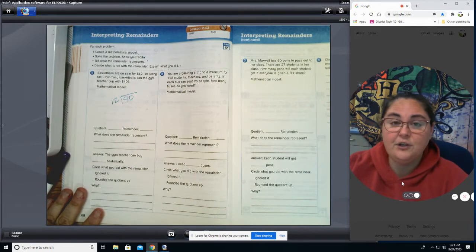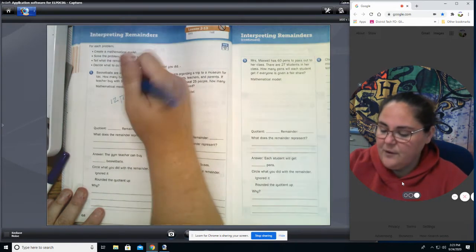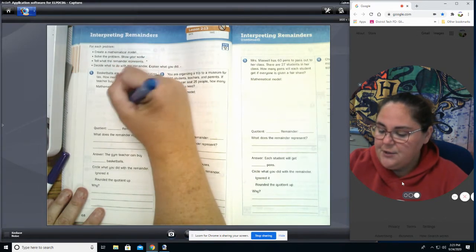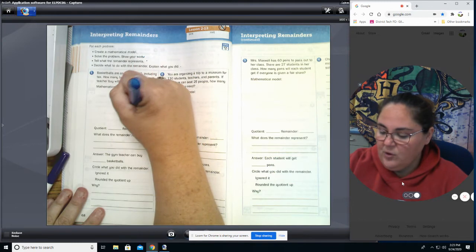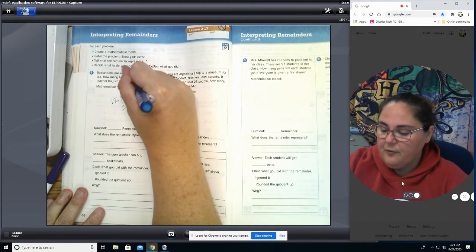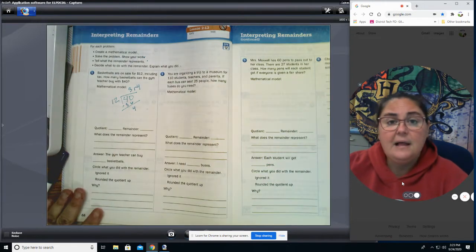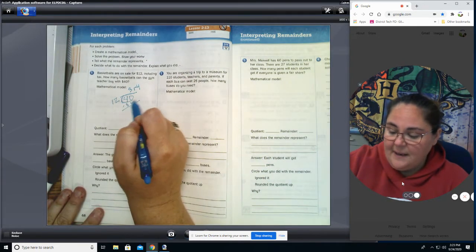Don't forget, whatever you're dividing goes inside of the box. 12 goes into 40 three times. 3 times 12 is 36 with 4 left over. So 3, remainder 4. Now, let's think about this. What is this 40 that I'm separating?